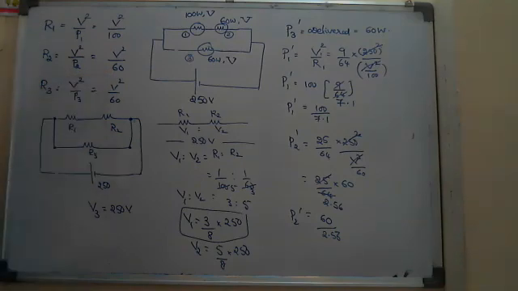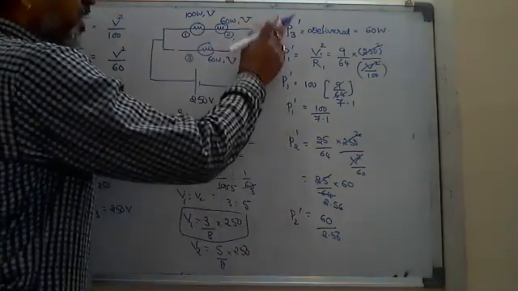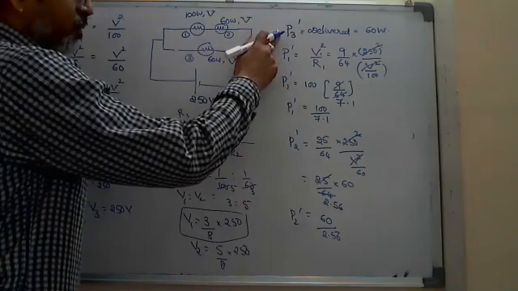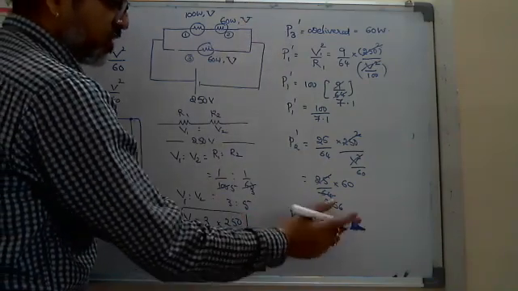So now you can say which bulb will glow more brightly and which more dimly. Out of the three values you observe, P3 dash is highest. Compared to this one, this is approximately 60 by 3, which means 20.